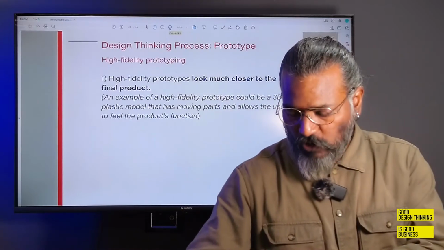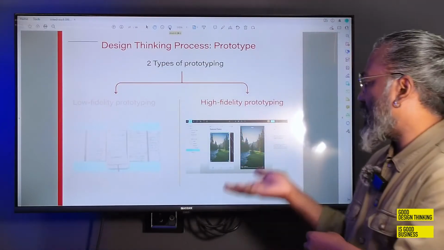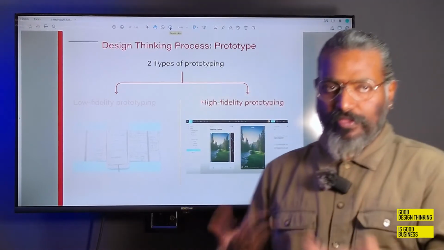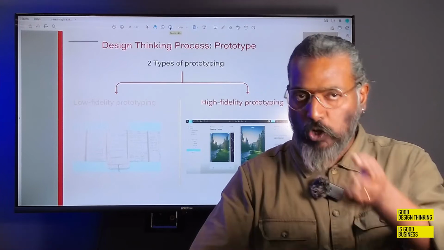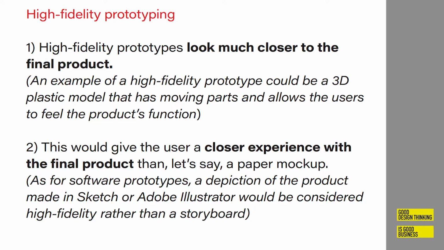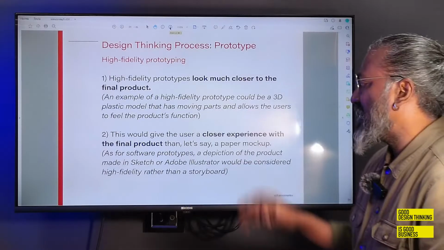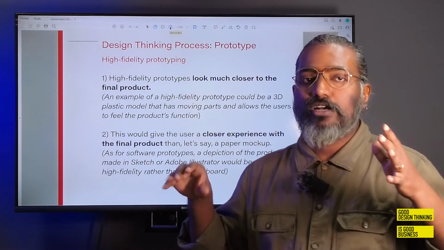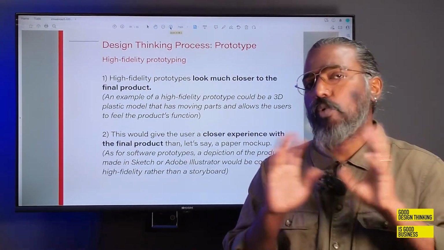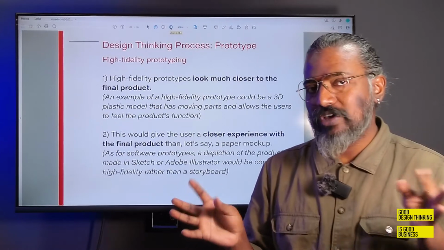Here these guys are developing an app and you can see the functional app, okay? That's how, if it is launched, you would see it in the market. This would give the user a closer experience with the final product, like somebody testing a high fidelity prototype, it's almost the end product.